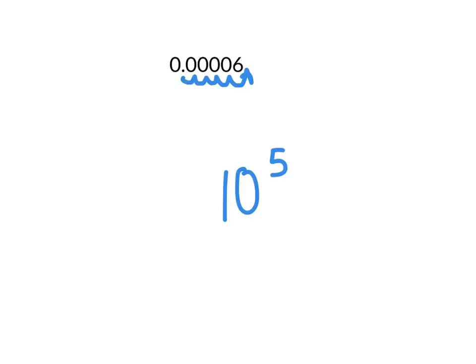And because it's a small number, because I've had to move the decimal the other direction, my exponent is going to be negative. Because when exponents are negative, we know that it creates a small number. It's actually a fraction that we have. So this would be 6 times 10 to the negative 5th.